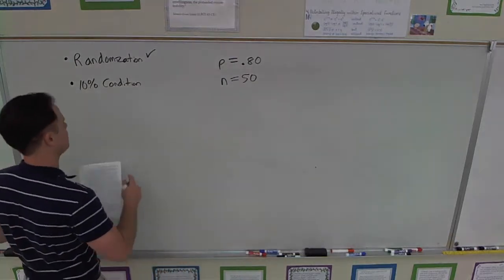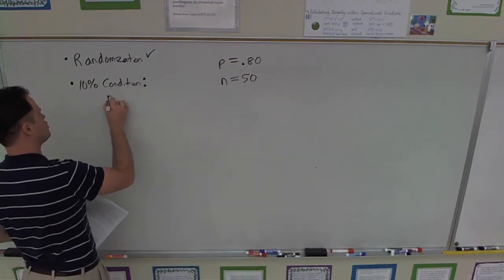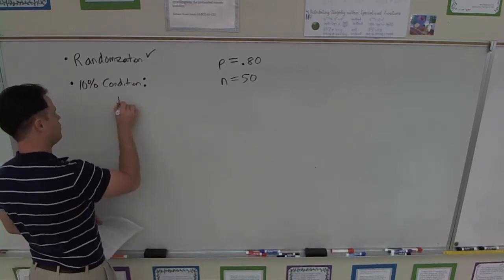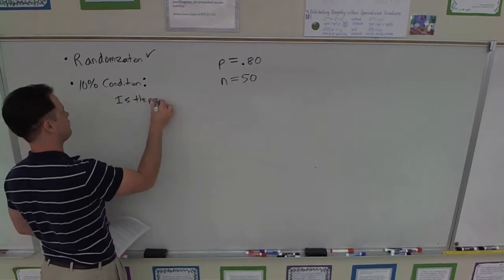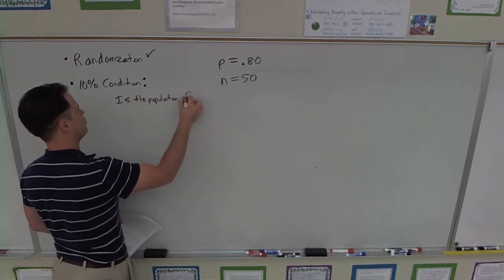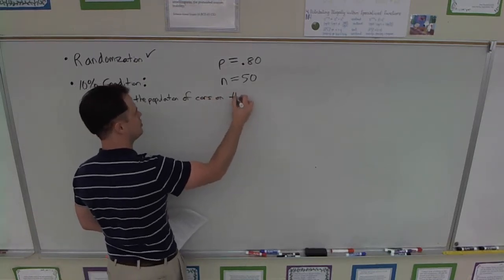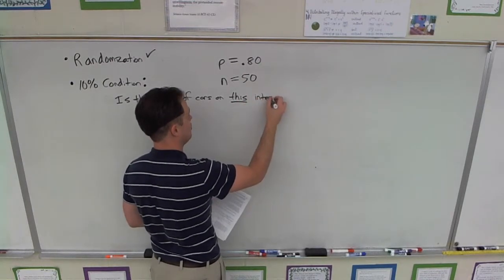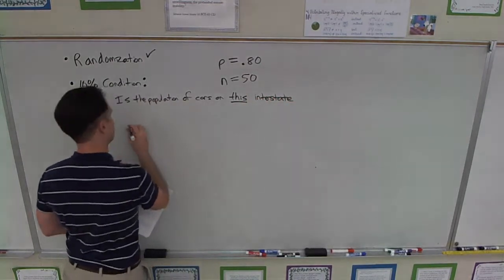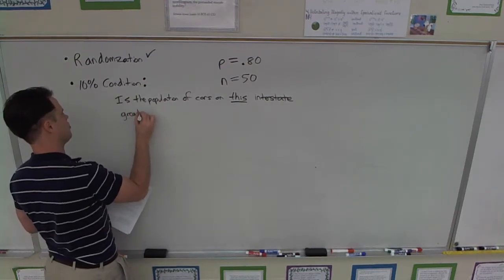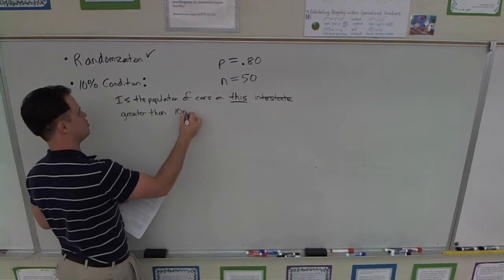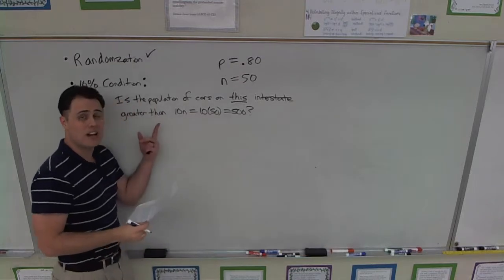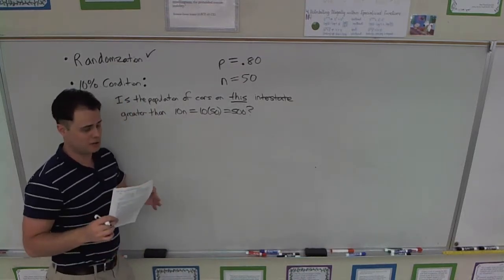So you want to ask yourself, is the population of cars on, and we're examining a particular interstate, one highway, so I'm going to say this interstate, this highway, greater than 10 times n, which in this case is 10 times 50, or 500. You might not want to write that down, but that's the question you should be asking yourself in your head.